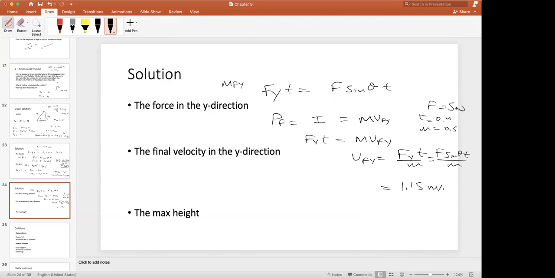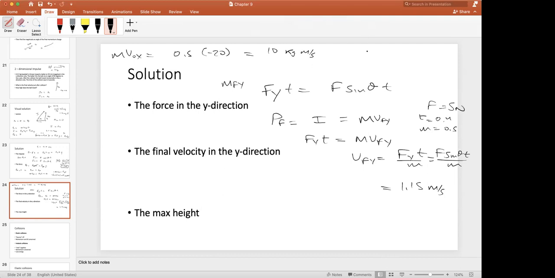0.15 meters per second, which seems a little weird, but I feel like something's weirdly wrong here. The initial momentum in the x was m v naught in the x, which was 0.5 times minus 20, which was 10 kilogram meters per second.